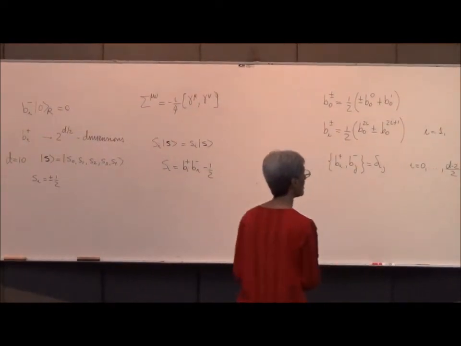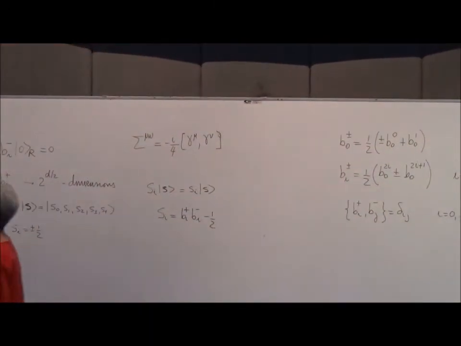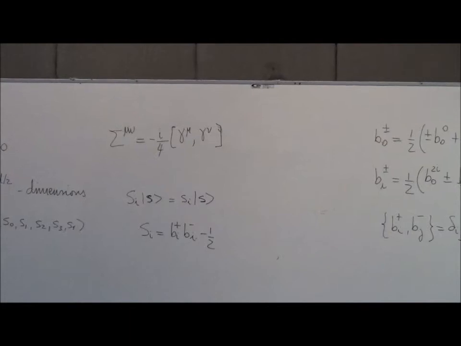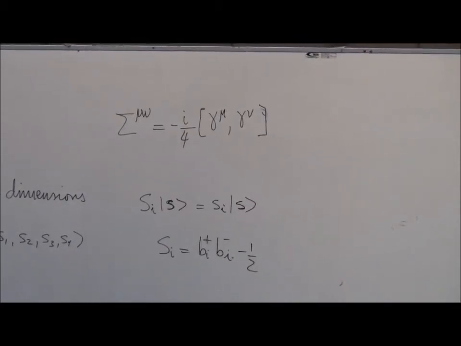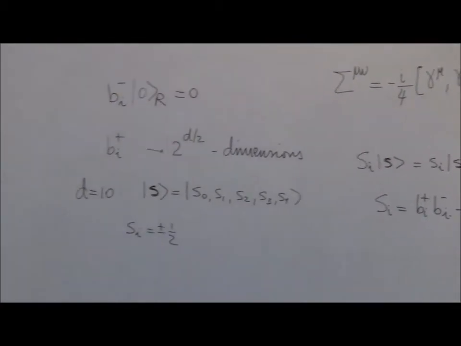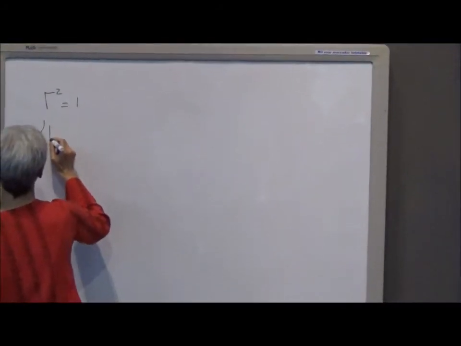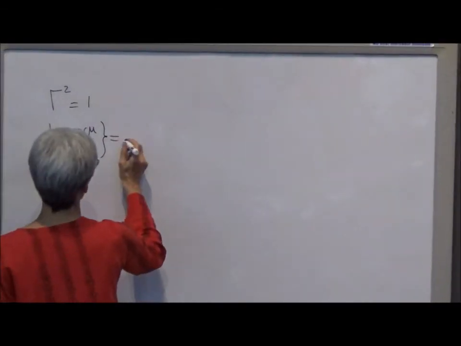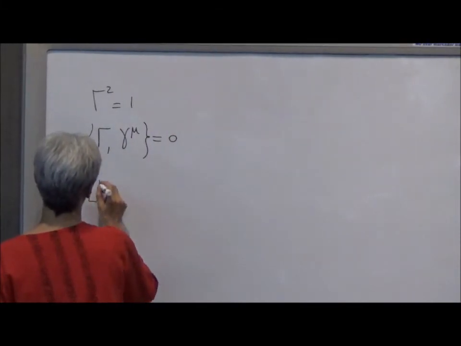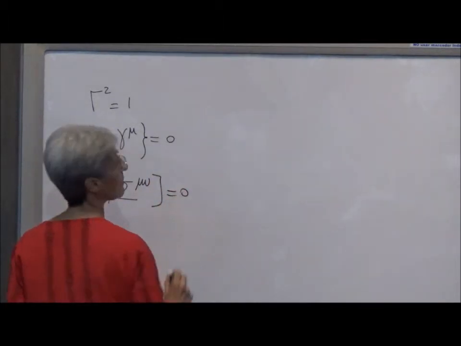And this matrix has these properties. Gamma squared is 1. Then it anti-commutes with any of the Dirac matrices, and it commutes with the Lorentz generators.